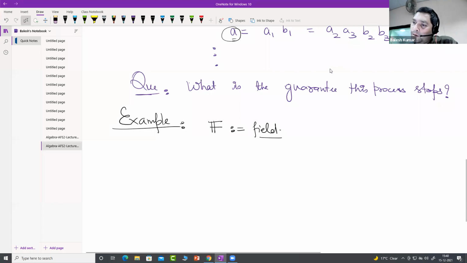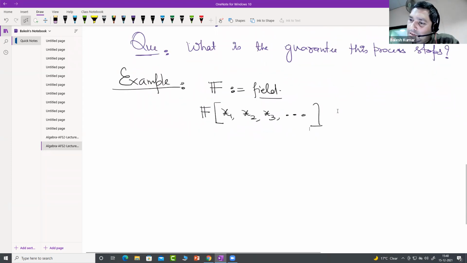Now, look at the polynomial ring in infinitely many variables, say F[x1, x2, x3, and so on], where these xi are related in the sense that x2 squared is x1. You can prove that this is an integral domain; that is not a problem.